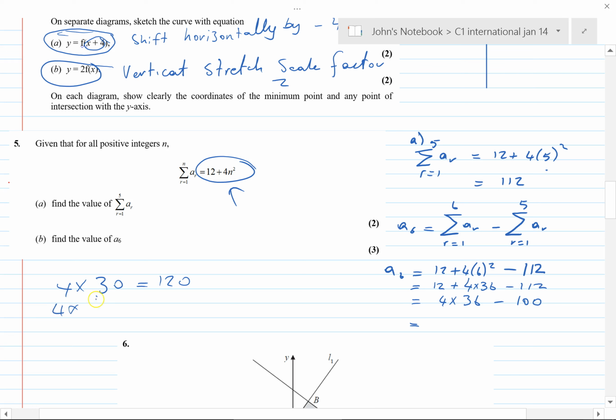And 4 times 6 is 24. I'm writing this down, but I wouldn't normally write it down if I was actually working it out. So that's 144. That's not the only way of going about that, by the way. You might have said, I know that 4 times 9 is 36. You might have doubled it and doubled it again, so you've got 72 and 144, which on reflex is better than what I've just done. Anyway, so 44 is the answer.